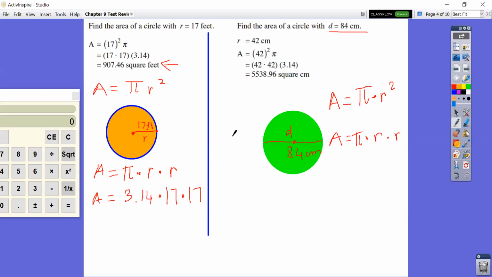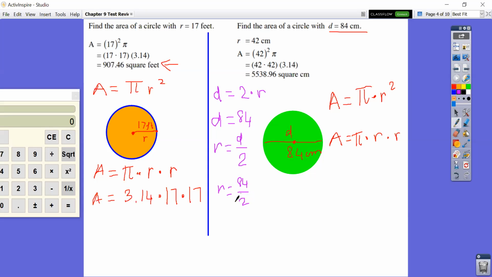So remember, diameter is 2 times the radius. Now we have diameter equals 84. So radius is half of your diameter. Diameter is 2 times the radius. All right, so now we are looking for the radius. Radius equals what? 84 divided by 2.